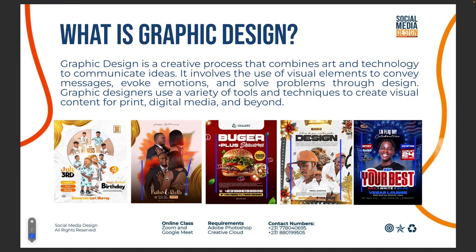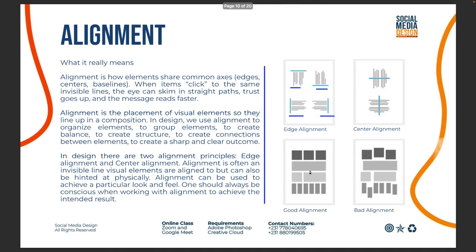And I think I will show you some. So all these are center alignment. You will see edge alignment as we go through the class or when we are doing some practical work. And this is the center alignment.